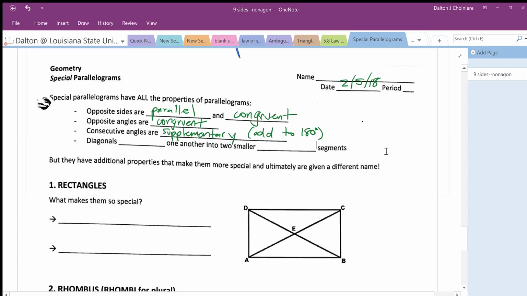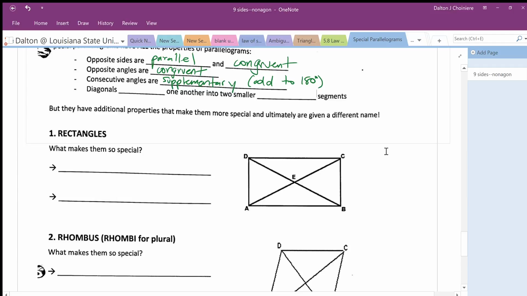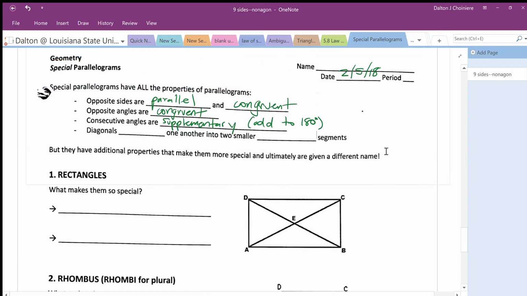They add to 180. And then what do the diagonals do? They bisect one another, which means they cut each other in half, or another way of thinking about it is they bisect one another into two smaller congruent segments. If it cuts it in half, then the two small segments are congruent to each other.